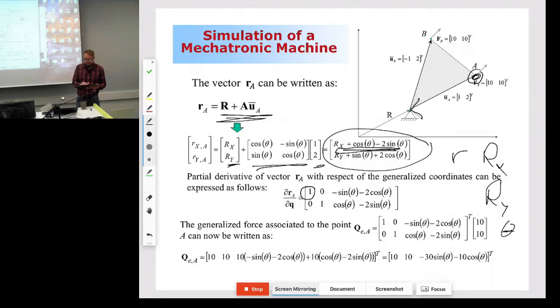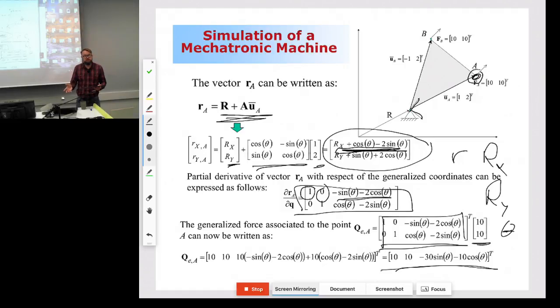With respect to Ry, 0. With respect to angle theta, this is it. Then you do that for the second row, and that's the mapping matrix. Now I have the mapping, and I can multiply the forces with the mapping, and this is how it reads. That's my final solution.